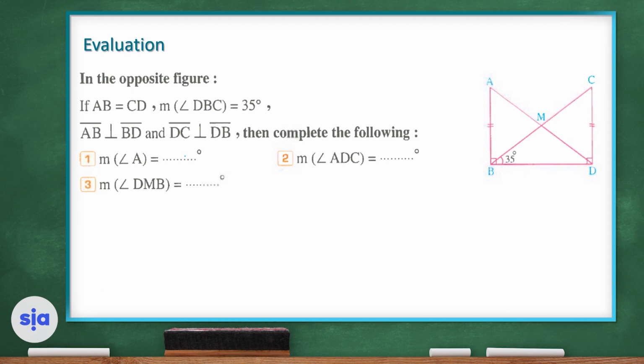Let's now go to the evaluation part. In the opposite figure, if AB is equal to CD and the measure of angle DBC is 35 degrees, where AB is perpendicular to BD and DC is perpendicular to DB, then complete each of the following.